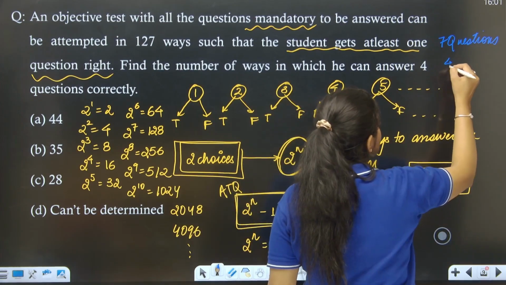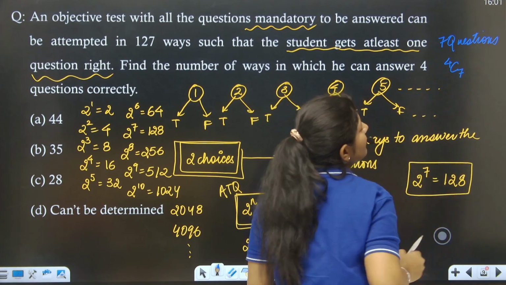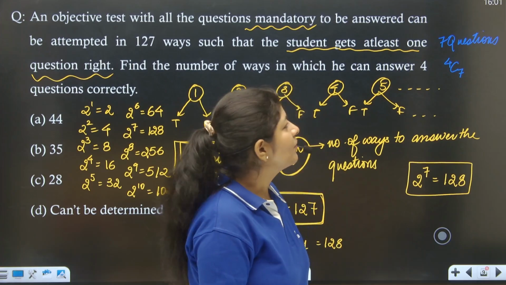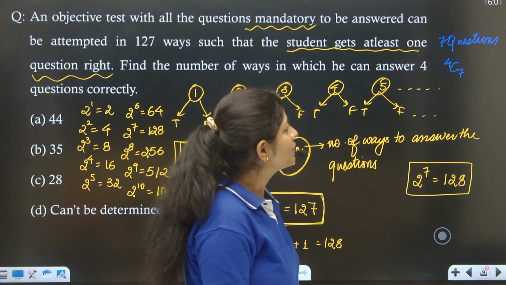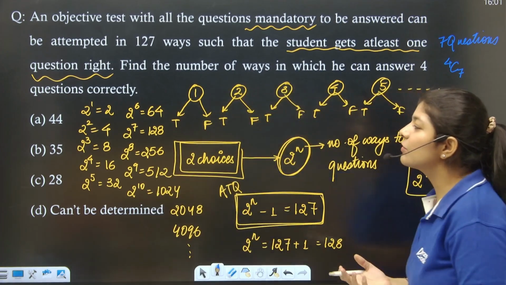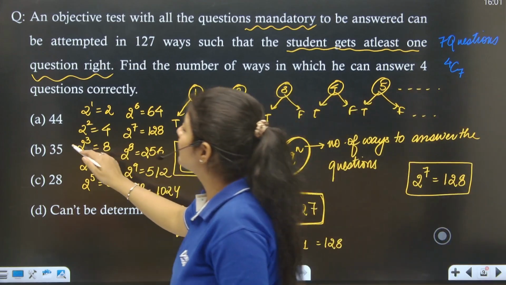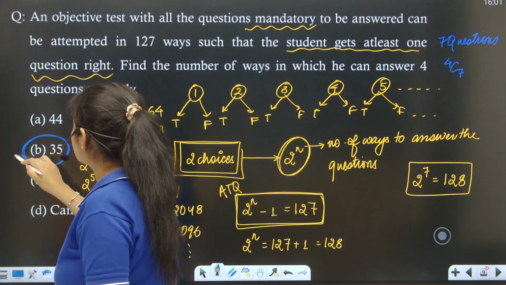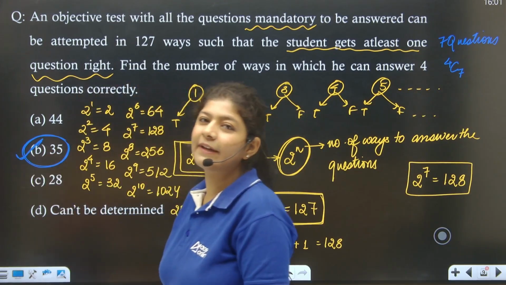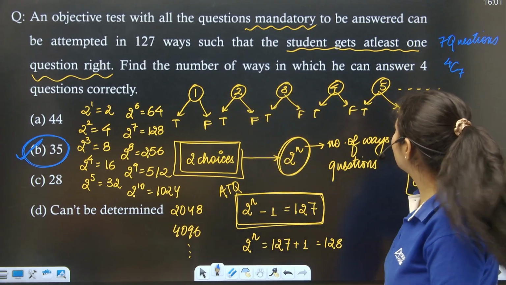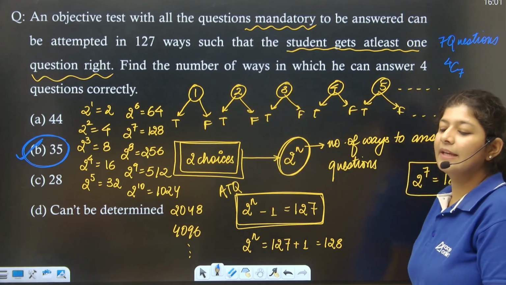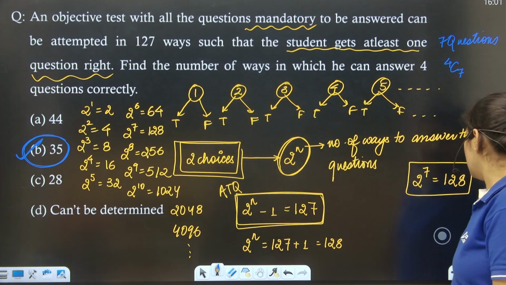So it is 7C4, and when you solve it, you will get 35 as your answer. It's very easy, right? Let's move further.